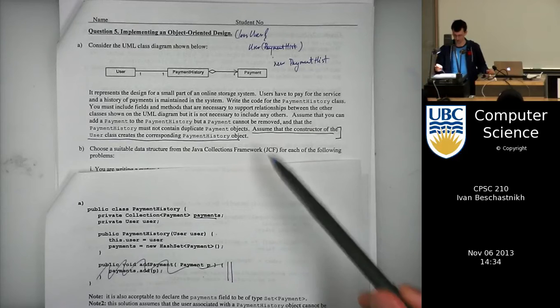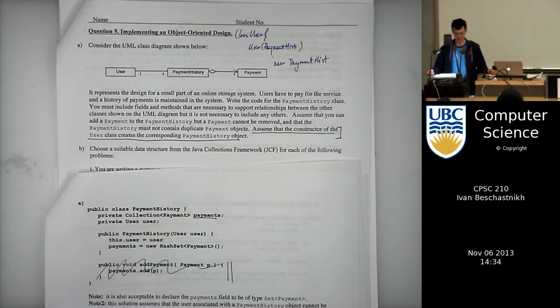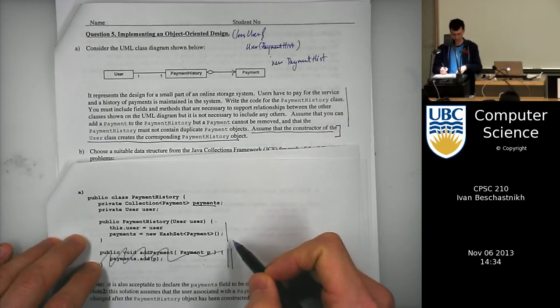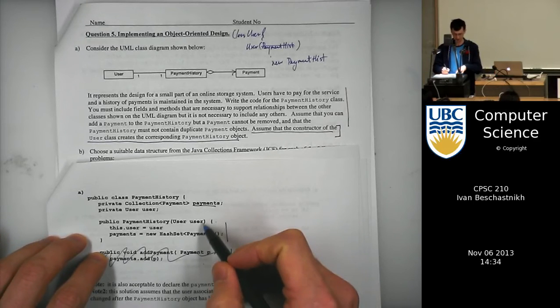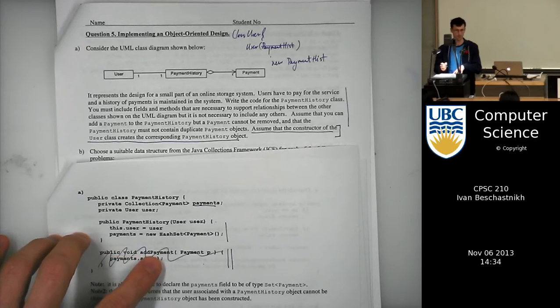Like here, there's an assumption at the bottom that says that the constructor of the User class creates the PaymentHistory object. So in the User class, I would have a new PaymentHistory. So I can't pass that in, or it doesn't make sense to pass that in, right? If nothing else contradicts what you just said, then yes, you can definitely pass in your set of payments here, and then set this.payments to be payments. That would be okay.